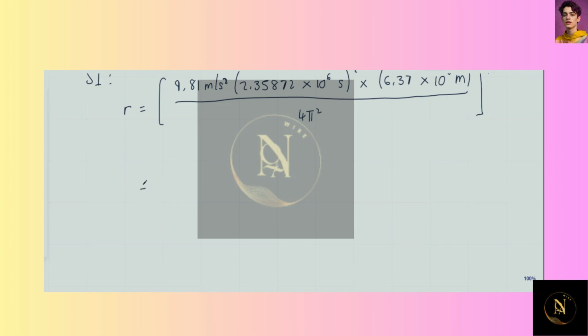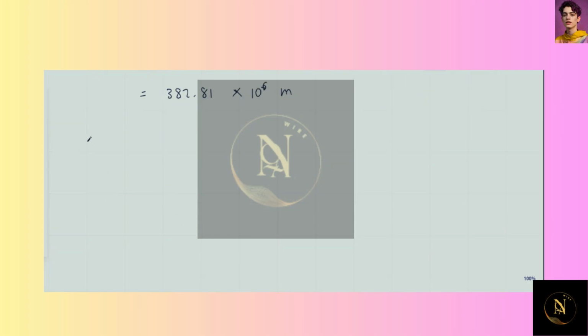Hence we get the separation to be 382.81 times 10 to the 6 meters. So that's little r, the separation between the Earth and the Moon.